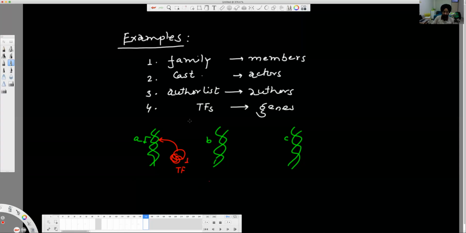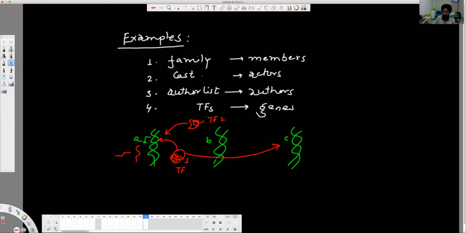And likewise, you have another TF here, TF2. Now, if these two transcription factors are important for the transcription, meaning this will make RNA and then this will be translated later on, right? So for the transcription of a gene, you need these two TFs, TF1 and TF2. And likewise, maybe TF1 is also needed for gene C's transcription.